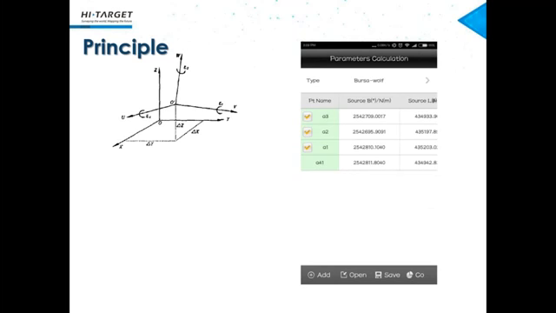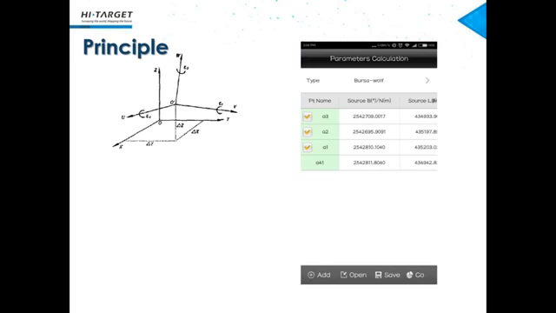So it has the same steps as 2D Helmert parameters calculation. In the type, we just select Bursa-Wolf, and then we use one more point. Then we press compute.